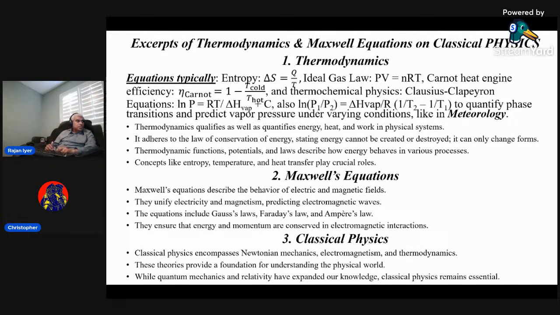But a lot of questions also came up based on that. So then quantum mechanics that we'll see later on, and relativity came up because of the shortcomings of the classical physics. Some of the things we couldn't explain, but nevertheless, classical physics remains essential, and many people now develop modified Newtonian dynamics, things like that.